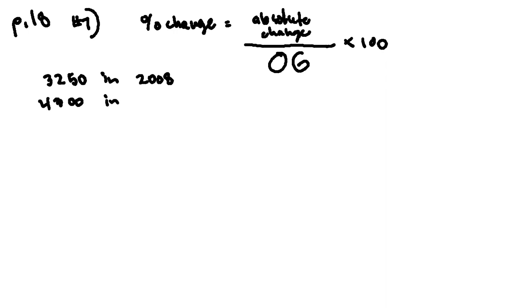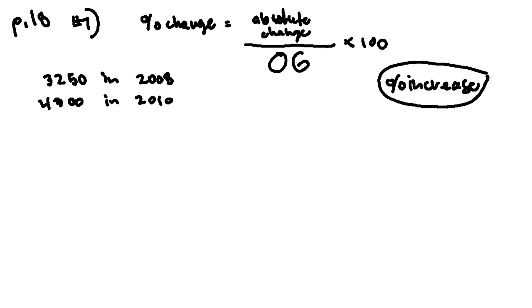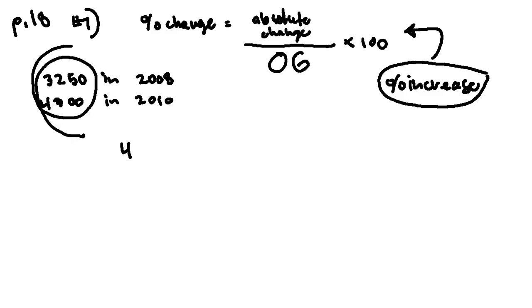When we hear the words percent increase and absolute, we know to use this formula. The absolute change is just the difference, so you do 4,300 minus 3,250. You always subtract the smaller number from the larger number.